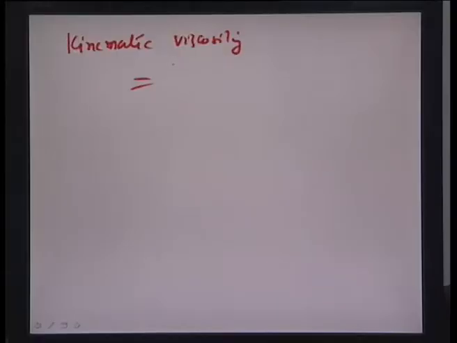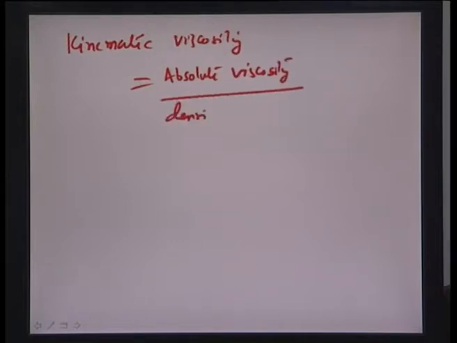A substance which is very dilute in nature would, by intuition, have a lower viscosity value. So what is important to consider in a physical sense is the ratio between the viscosity and the density, which gives you a better perspective of the fluid medium you are investigating. So, kinematic viscosity is equal to the absolute viscosity divided by the density of the medium.